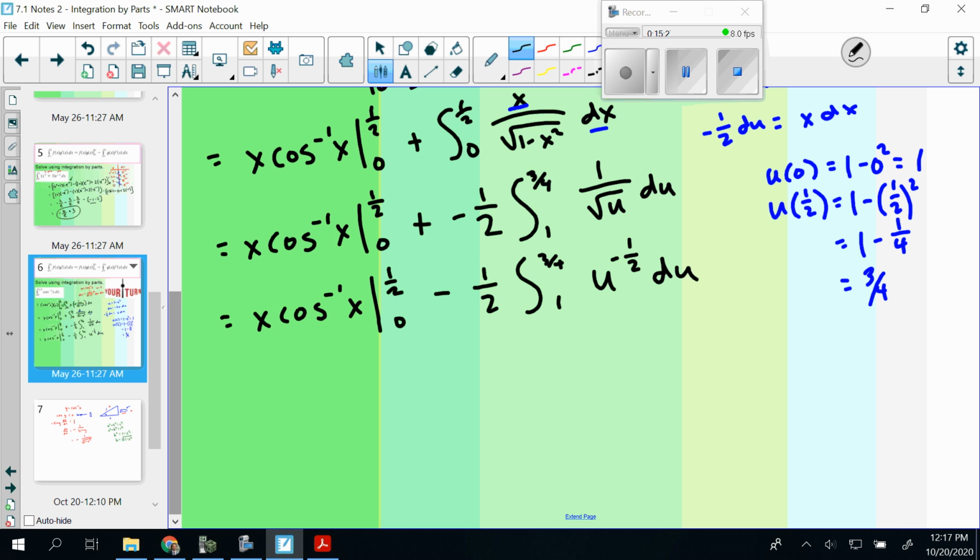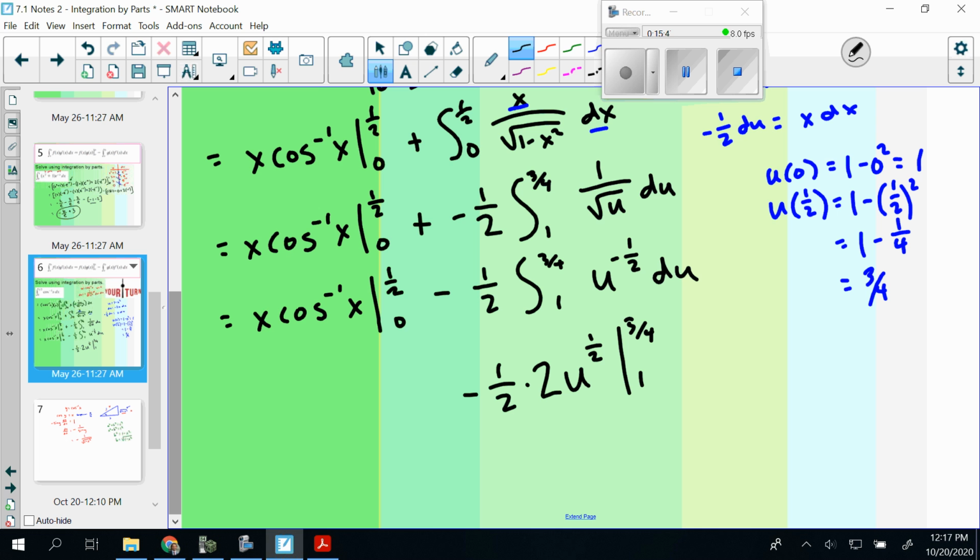So what's the antiderivative of that? We have to add 1 to the power, which would be positive 1/2, and put the reciprocal in front. Reciprocal of 1/2 would be 2. And we still need to carry through here our negative 1/2.